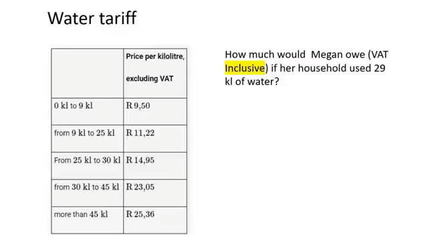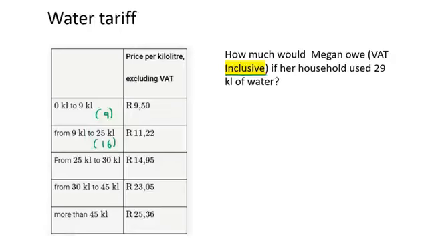Now it says, how much would Megan owe, VAT inclusive, if her household uses 29 kiloliters of water? So 29 is somewhere over here, but we start up here. In this category we use 9, in this category we use 16. If you say 9 plus 16, we've already used 25.